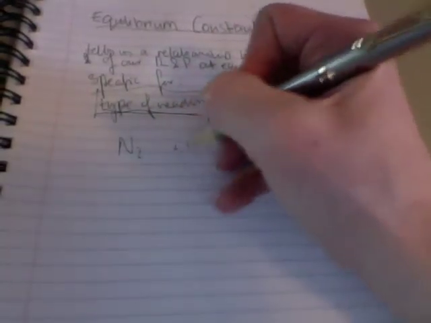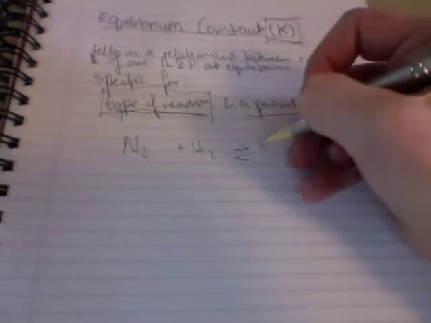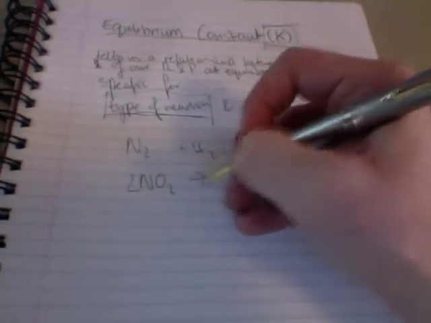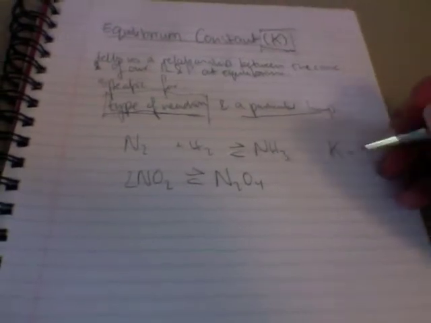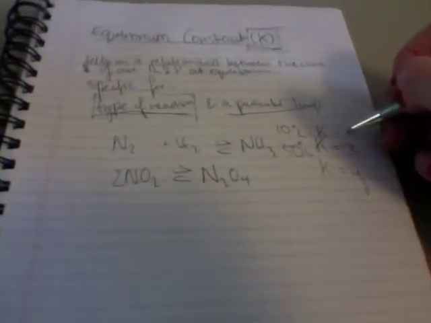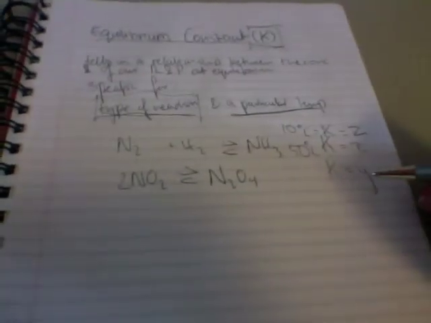So whether it be our example of ammonia, the creation of ammonia, whether it be nitrogen dioxide being converted into N2O4, these will have different K values. K equals X, K equals Y. They're different because they're different reactions. This one at 10 degrees Celsius will have a different K, and let's say that this one's at 50 degrees Celsius, it will have a different K value because, as I said, K is specific for temperature.